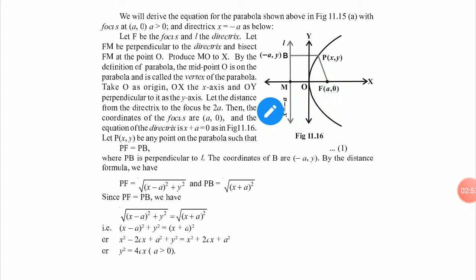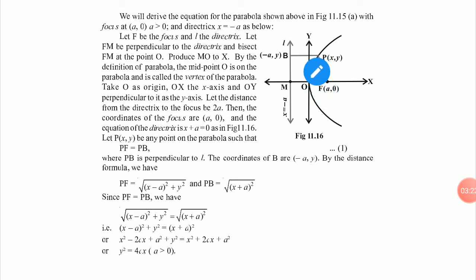Now, by the definition of parabola, the distance of a point from the focus and from the directrix is always equal. If you see the definition of parabola, it is given that PF is always equal to PB for any point on the parabola.